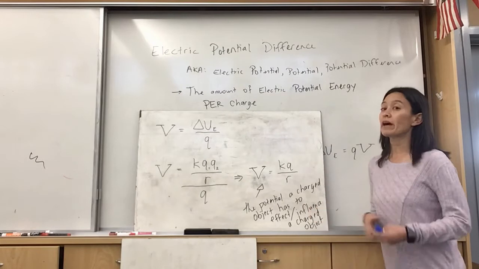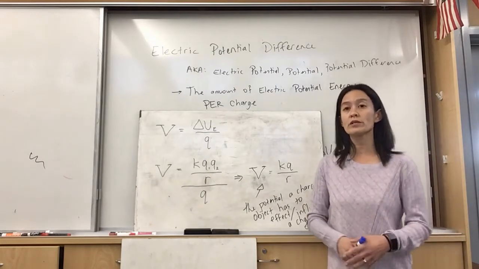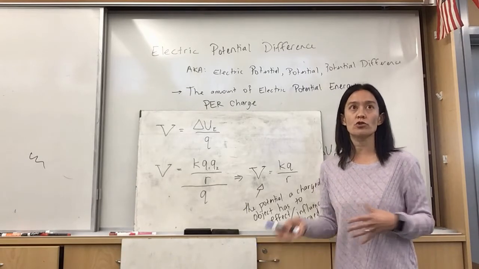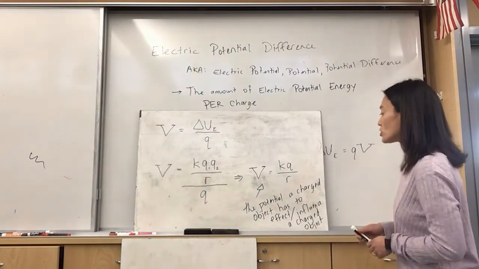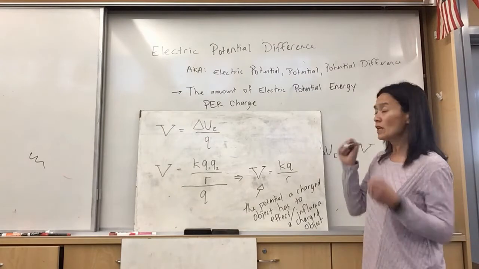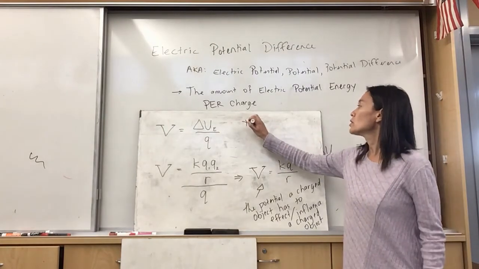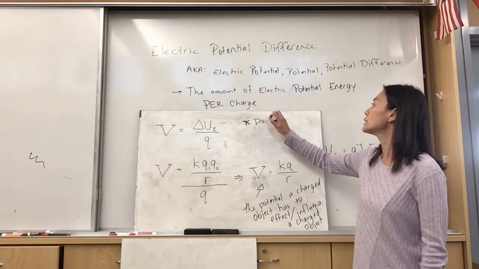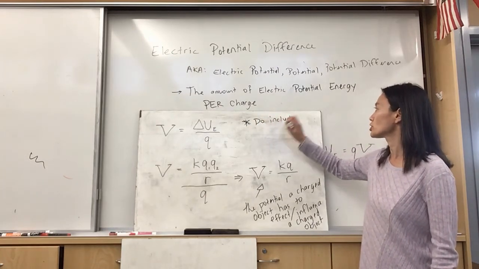And you could figure out, if I have a whole bunch of charges, what is the total potential in that region of all these charges to affect another charge. Now, something to note is that this is one of the few times when you are calculating electric potential that you do include the sign of the charge.